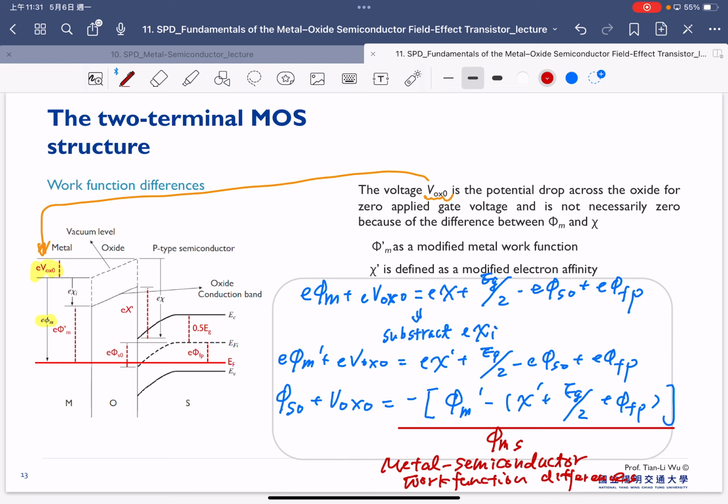So that's some calculation to estimate phi ms, the metal-semiconductor work function difference.